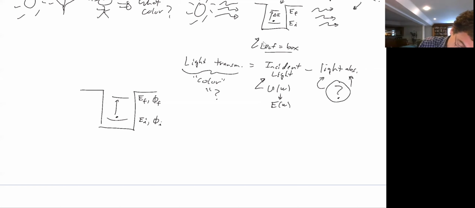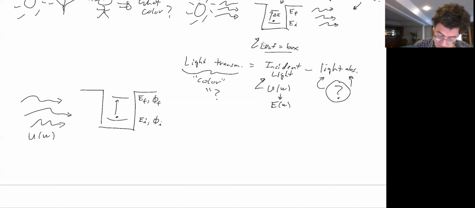So here I'm shooting broadband light at it, described by some U of omega, spectral density. And the question that I want to ask is, what is the probability that I have a transition from my initial to my final state at time t?